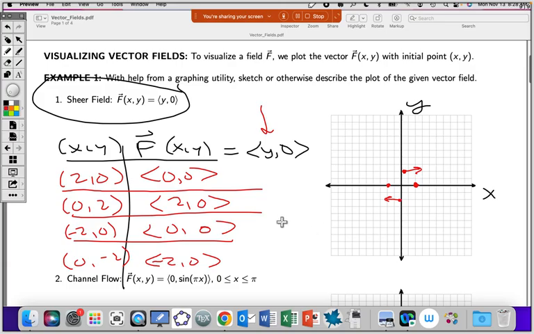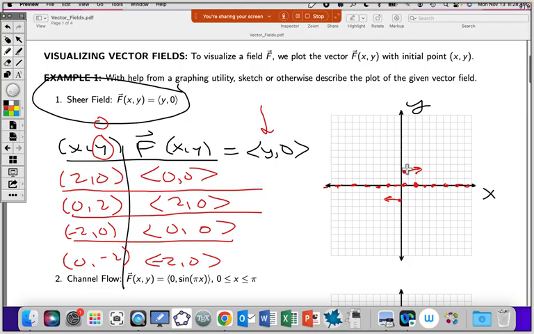Okay, so if I think about it, any point that's on the x-axis would have a y-coordinate of 0, and that would just get mapped to the vector 0, 0. So if I think of this as sort of a velocity field, any point here along the x-axis, we're going to have no velocity at all. That's where things are still.